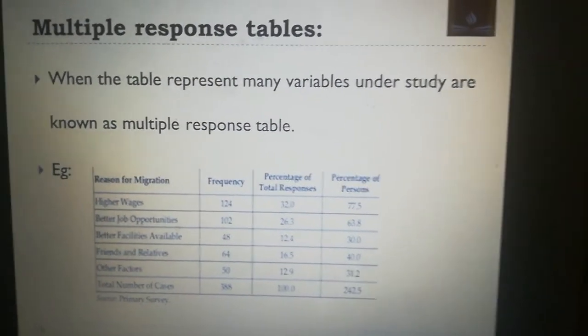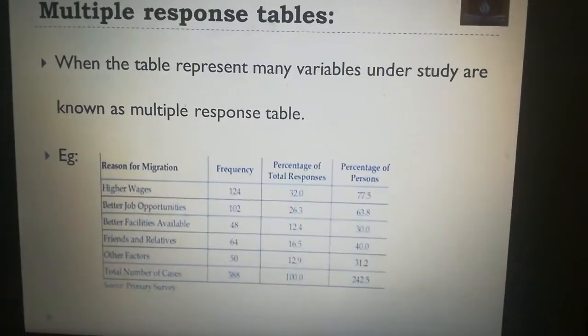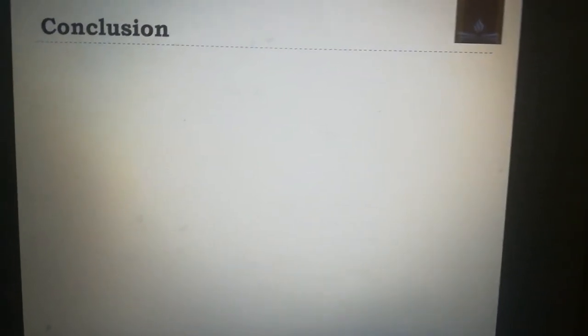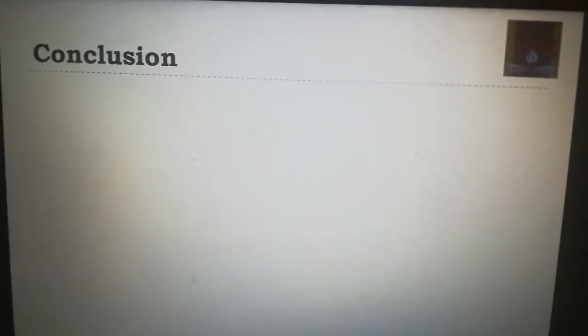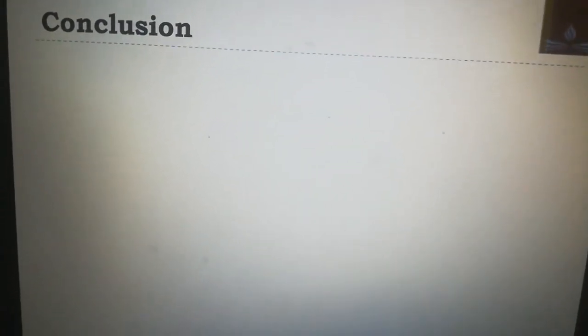That's how it is. So we have discussed what we mean by descriptive statistics, and the commonly used terms like percentage, proportion, rate, ratio, frequency distribution.